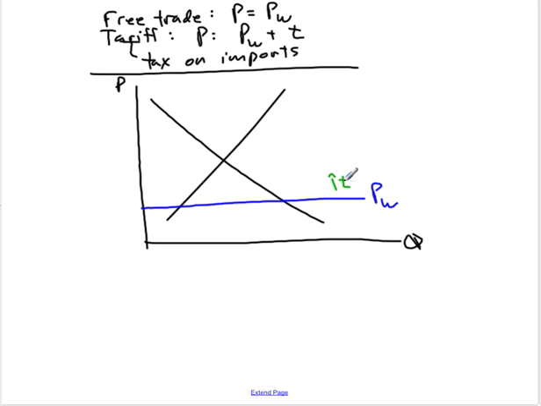But what if the government decides instead to impose a tariff, T, and say consumers are going to have to pay PW plus some tariff?